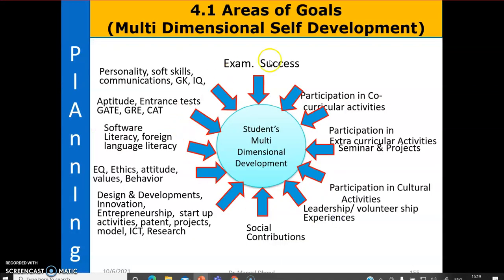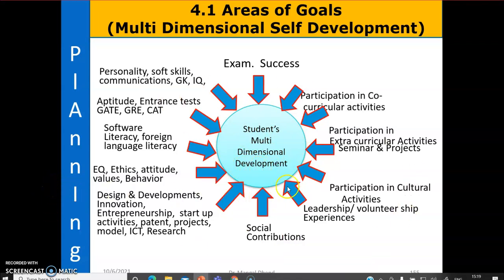Now this was discussed in the 4th part, areas of goals. I told you, when you start the goal setting process, the first step is the mind map: finalizing goal areas and creating the mind map of the goal areas. Now ask yourself, have you considered these goal areas? I had discussed it, but I still found many areas missing from your side, because this is for students' multidimensional development and it is very important for career success.